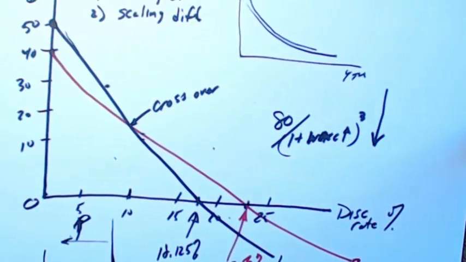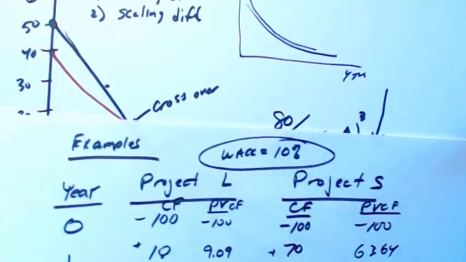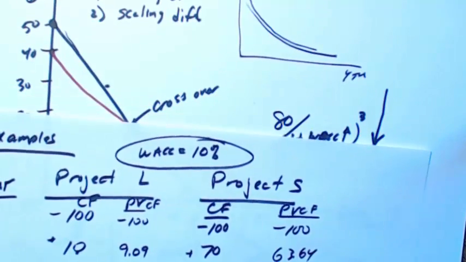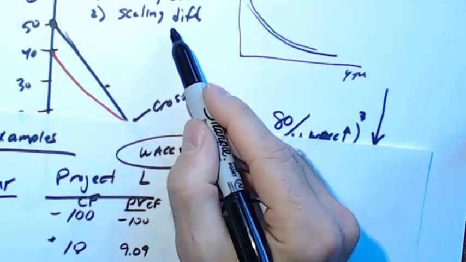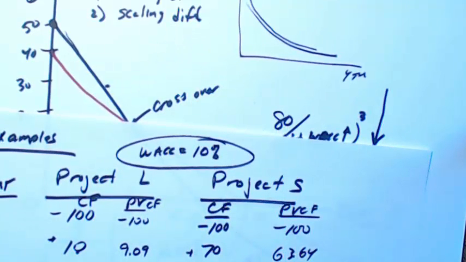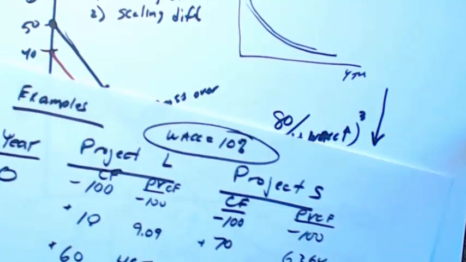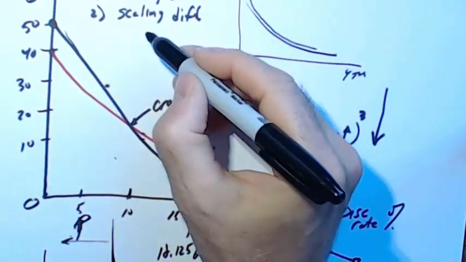Which brings up another issue, by the way. If you had projects with different scales, you'd find you have internal rates of return for projects of two different sizes.